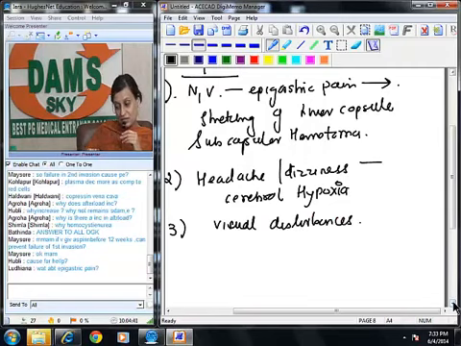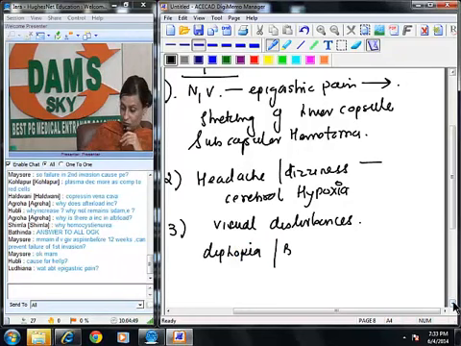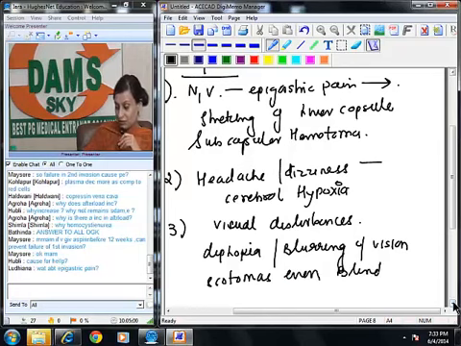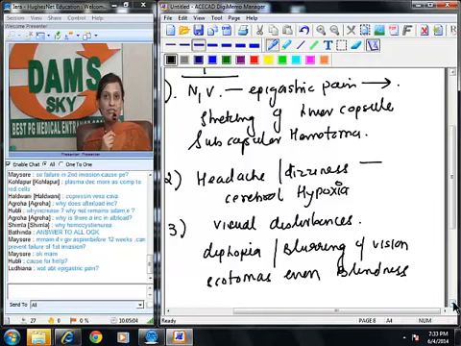What are the visual disturbances that occur? They are in the form of diplopia, blurring of vision, scotomas, and even blindness.